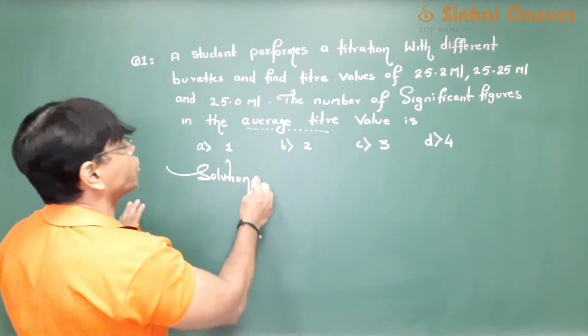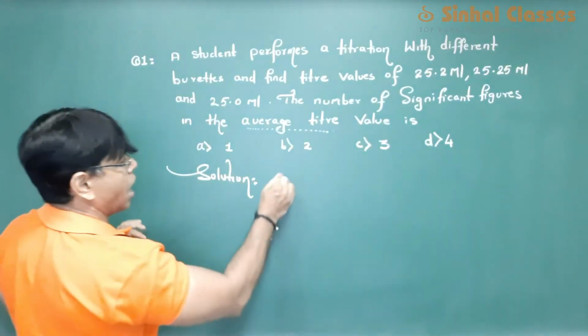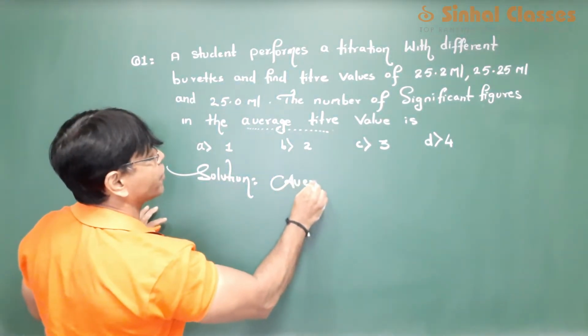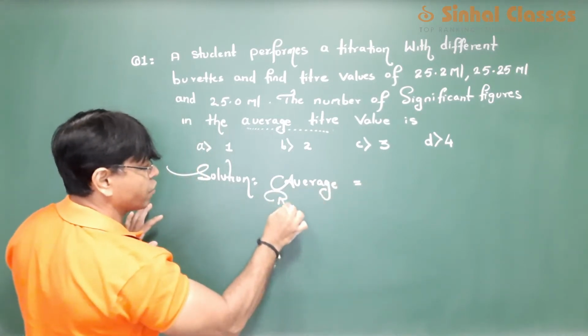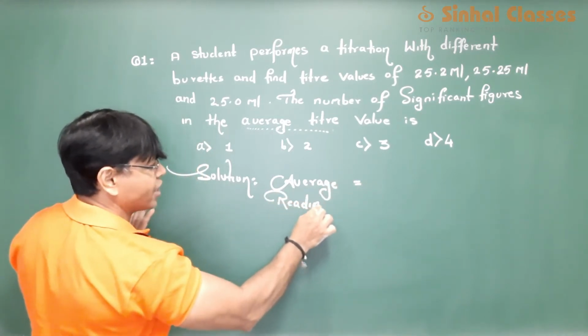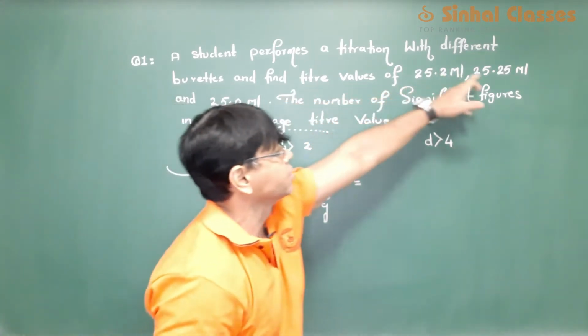So first thing what you do is, you take out the average reading. How to take out the average? You got 3 readings.